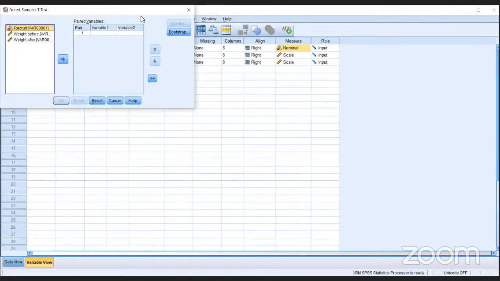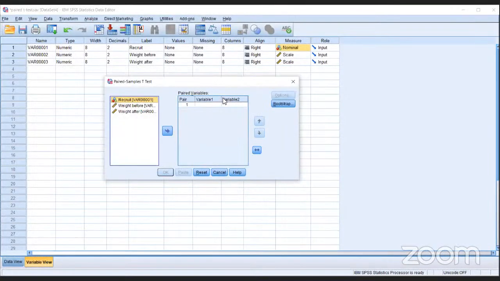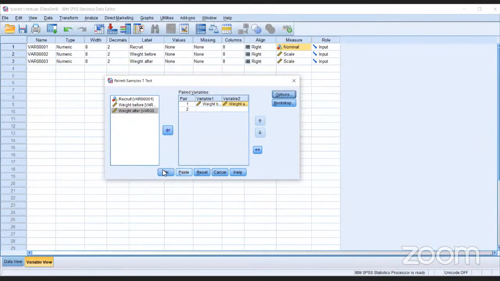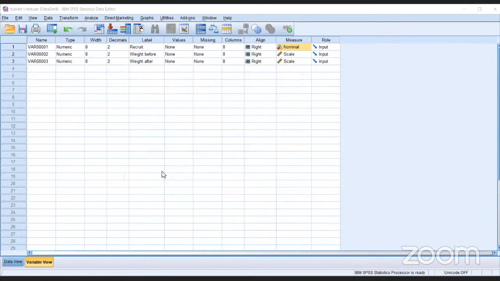Weights before I am keeping in variable 1, weights after I am moving into variable 2. There is nothing else. Here we are accepting 95% confidence intervals, and missing cases also. So we click OK. That's all.